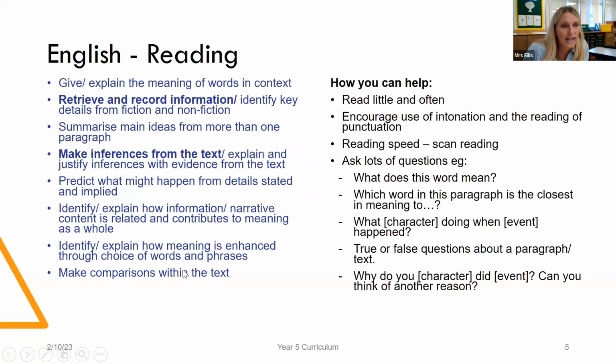So with our reading, we have a whole set of objectives that we teach through what's called our reading Vipers. So the children each week have a text that the whole class reads together, and I'll read it and model it first, then they get to read in pairs and partners, and eventually read by themselves.